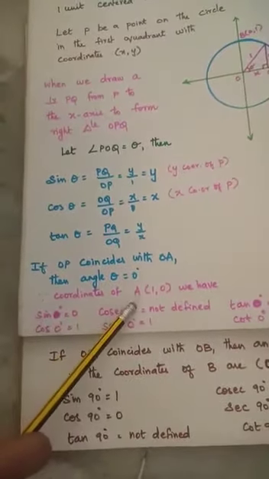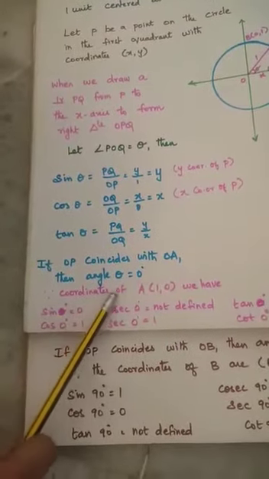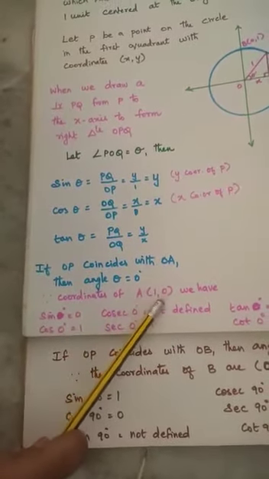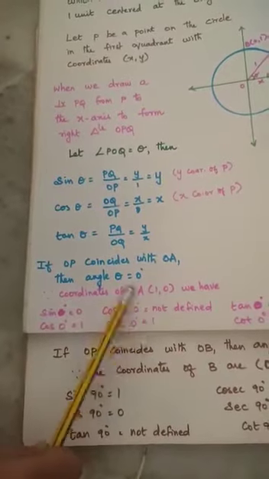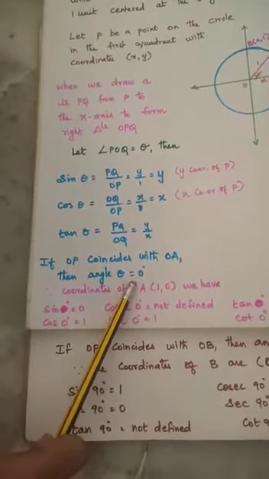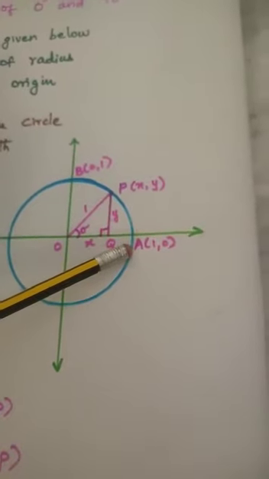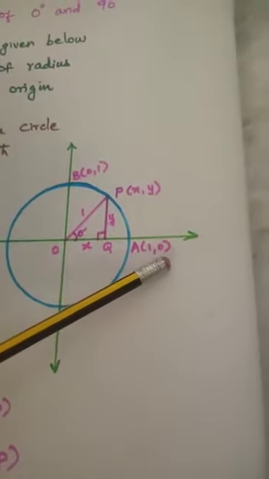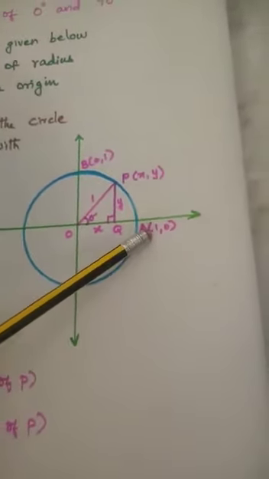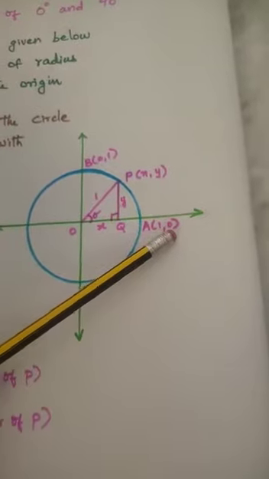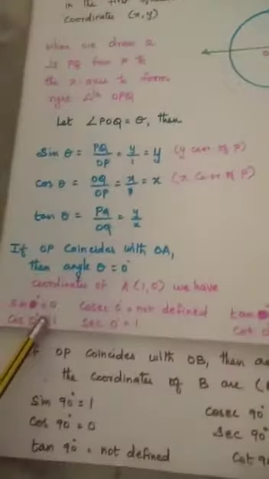So what is the x coordinate? See here, the coordinates of A will be (1, 0). So x value is 1 and y value is 0.